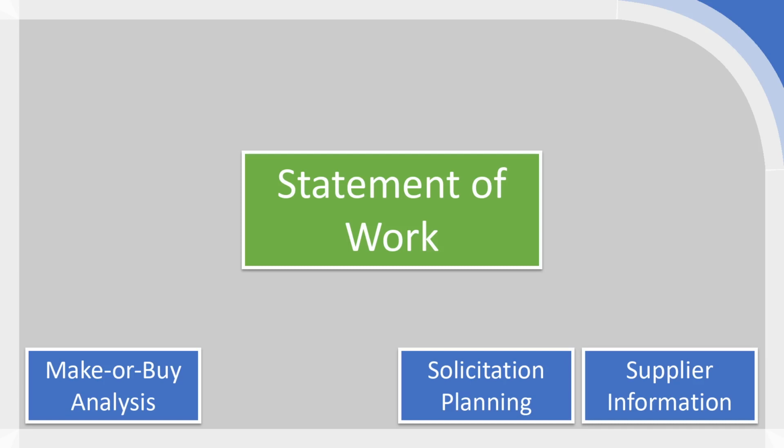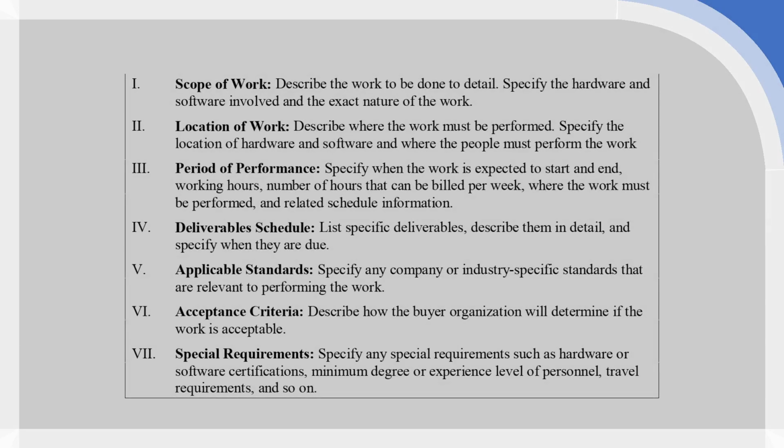So we can see an example of the kinds of things that would be present in a statement of work here. And we can see that the general scope of work would always be the most important. So what actually is needed. Now, if you look at the phrase work, it may imply that this is to do with actual labor input or work to be carried out, but this would apply to anything.